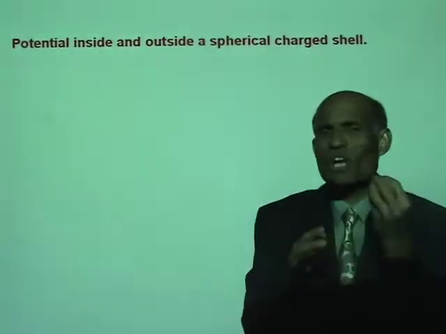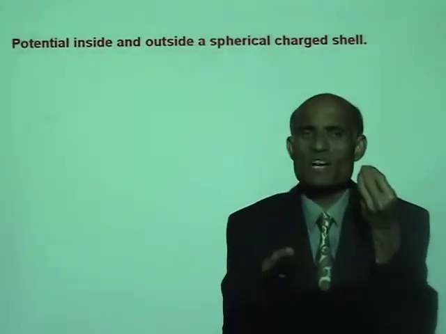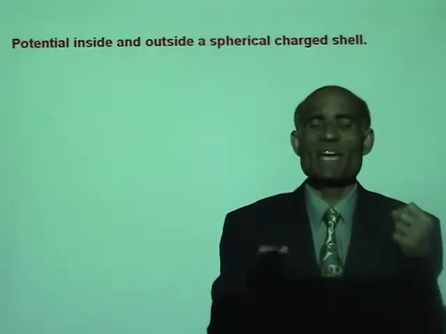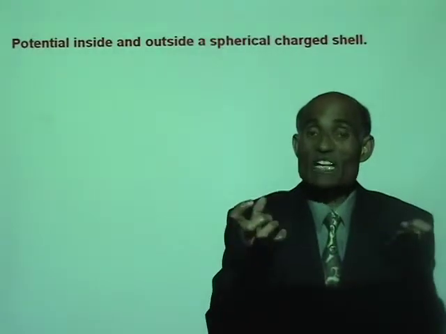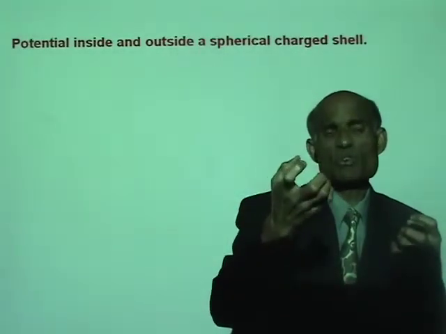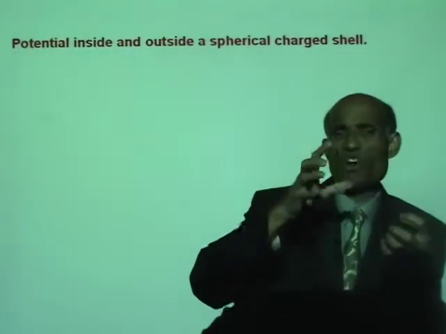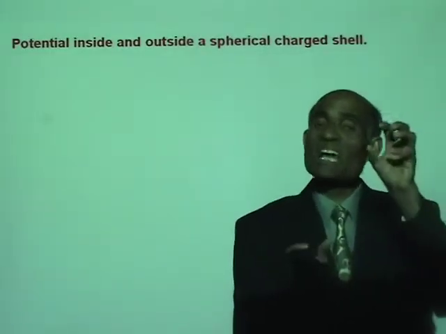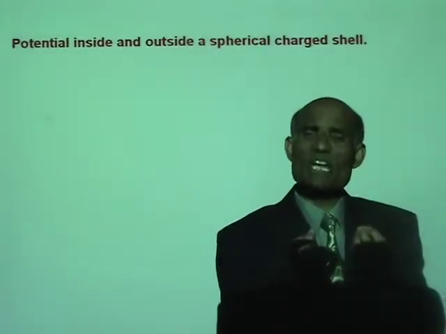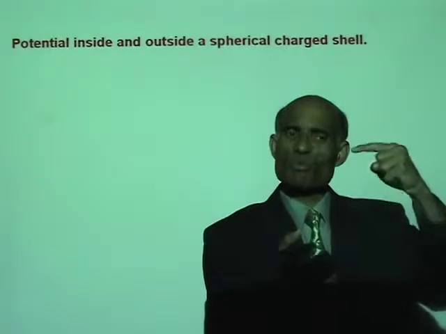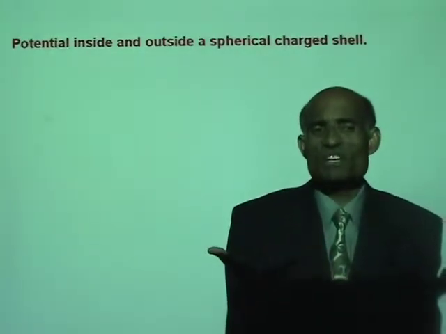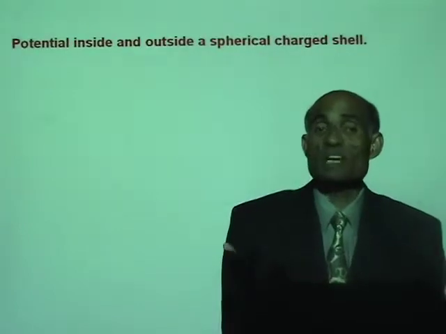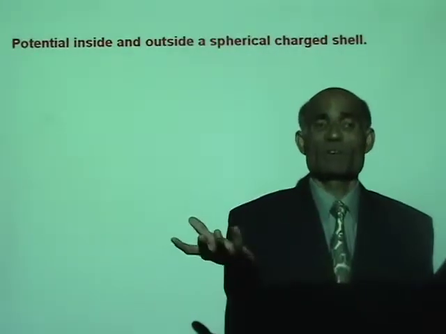Well, if you do a little calculus, it would have been easier. But if you remember, electric field is actually the rate of change of potential. We said delta V divided by delta R. Isn't that what we call the rate? Now, if the rate of change of potential, which is the electric field, is 0.